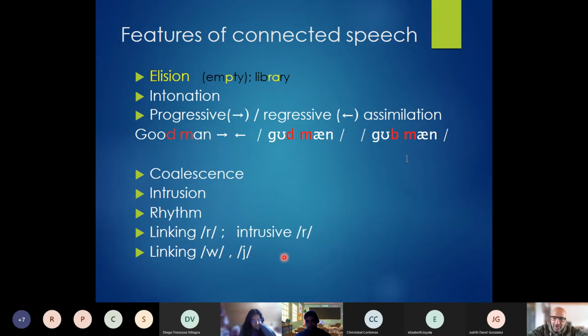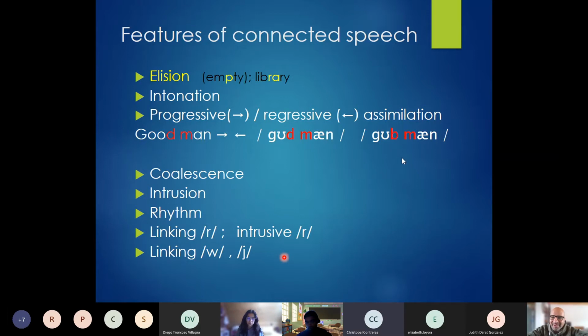What feature from /m/ in "man" is influencing the previous one? B, sorry, /d/. In which way? The place of articulation? The place of articulation, okay. So instead of saying an alveolar sound, it becomes labiodental. No. Bilabial.